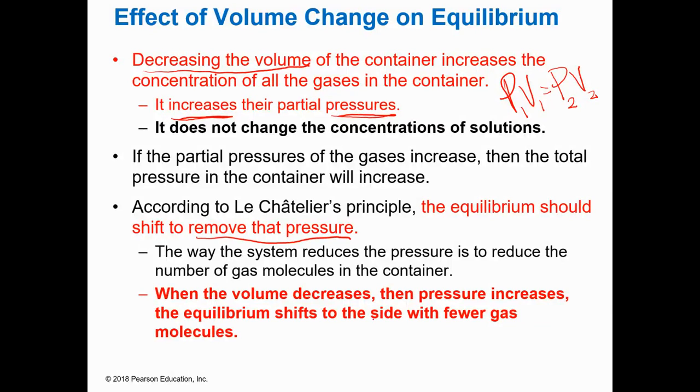And the way it shifts is toward the side with the fewer gas particles. So I would say volume goes down, pressure goes up, fewer particles. And again, we're only talking about gas particles because we don't talk about pressure of solids or liquids. Also, remember, solids and liquids do not affect our equilibrium values.